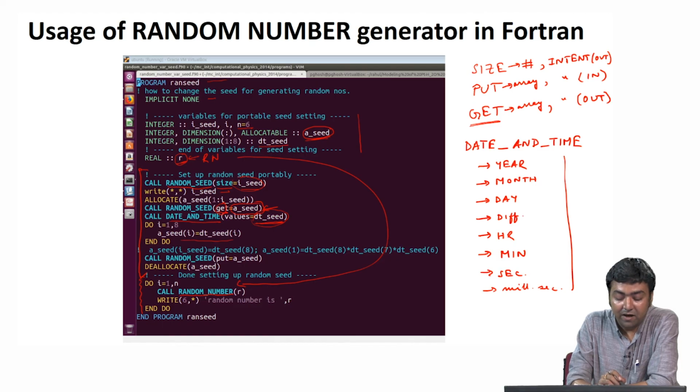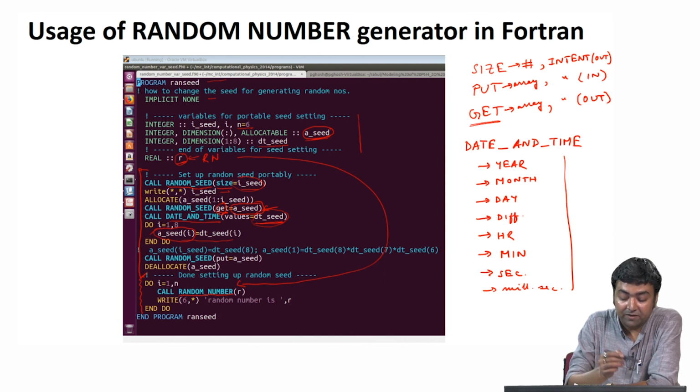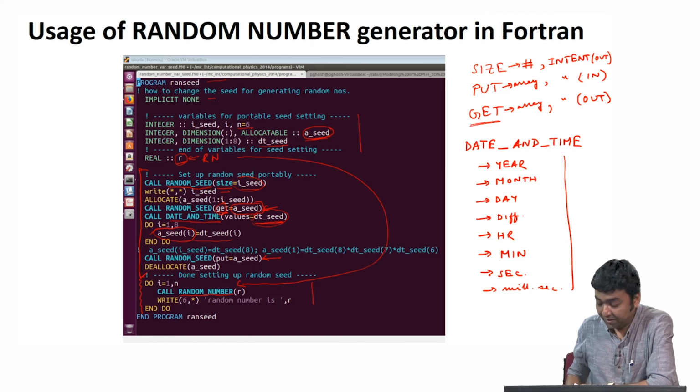Once I have done that, I am ready with a new set of integer numbers which I can feed to random_seed as a new seed, and this is precisely what I am doing in this line. I am again calling my random_seed and using this put equals a_seed, I am sending it back, and the rest of the part we saw before.